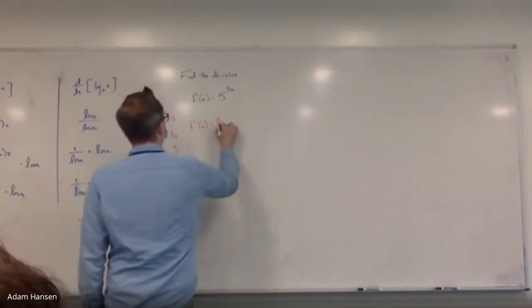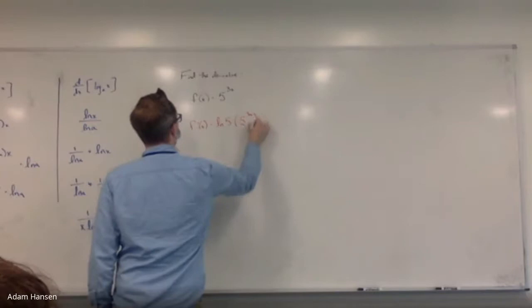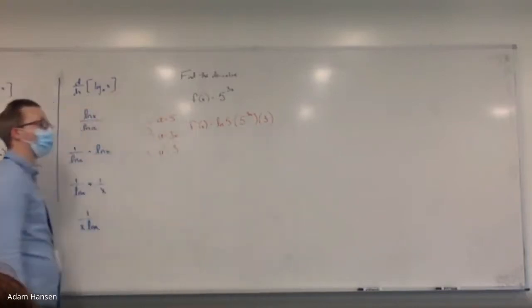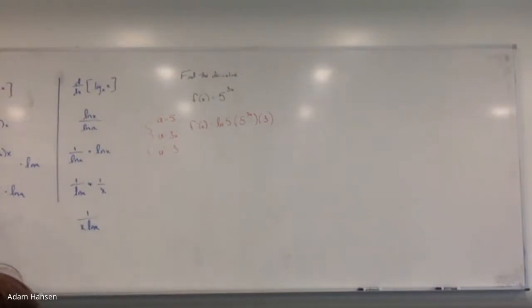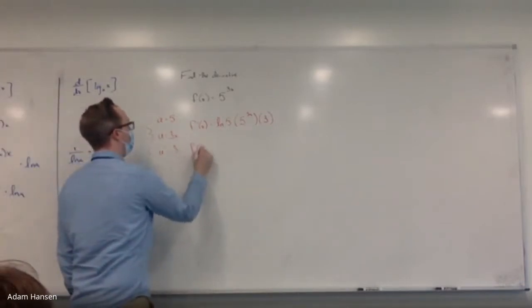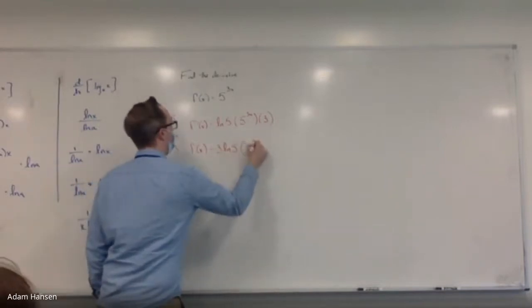Just replace everything in this formula with how we define it. ln a, so ln 5 times 5 to the 3x times 3. Together, f prime of x equals 3 natural log 5 times 5 to the 3x.